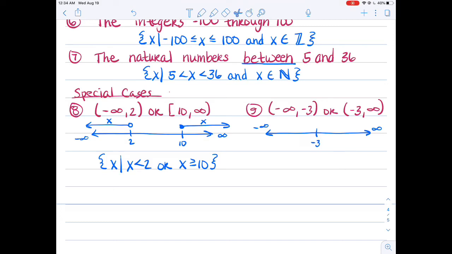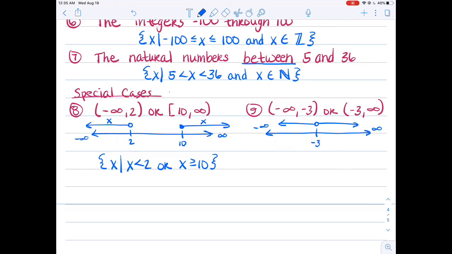Now I have a parentheses here on this interval, so that would indicate an open dot at my critical point, my end point. I also have a parentheses here at that same critical point, so it's still an open circle on my graph.